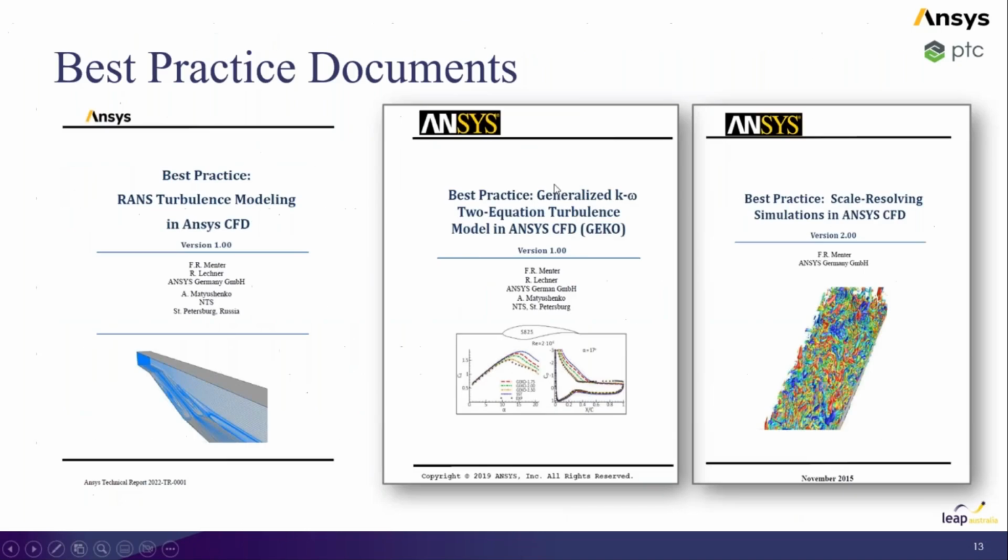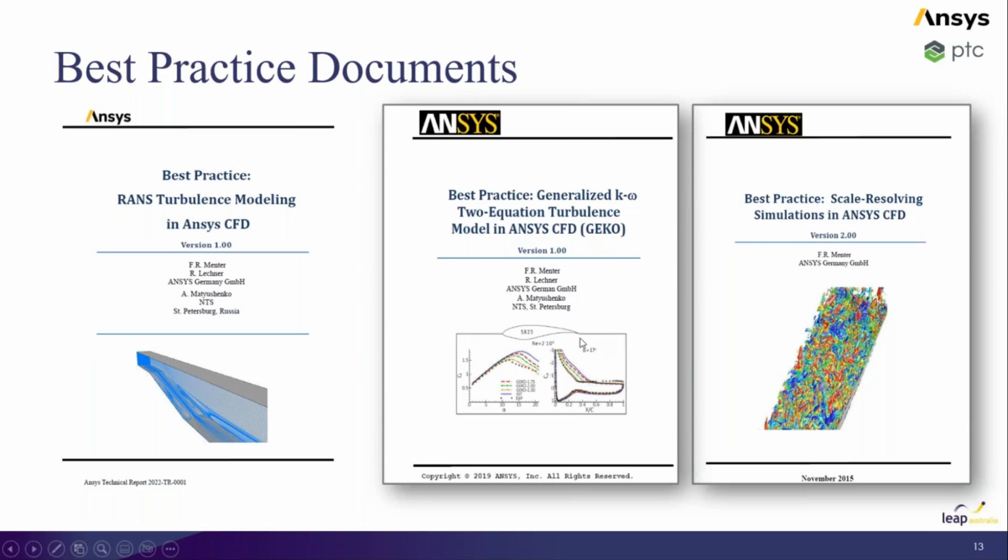So before we wrap up, I just want to remind people that there's some documentation here that you can have. Of course, the models that are documented in the manuals, but there are also 3 best practice guides. One on RANS models in general that you can use to help you selecting RANS.